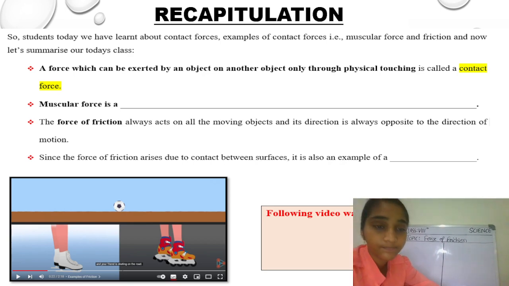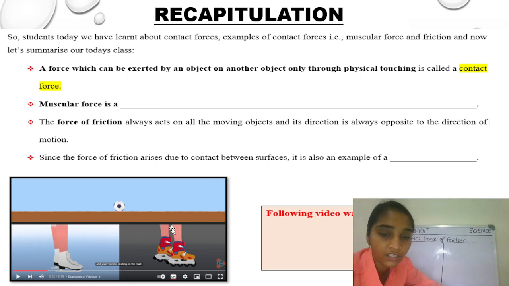What are your answers? Yes, the force which is exerted due to the action of muscles, and muscular force is a type of contact force. The force of friction always acts on all moving objects, and its direction is always opposite to the direction of motion. And since the force of friction arises due to contact, it is also known as a contact force.